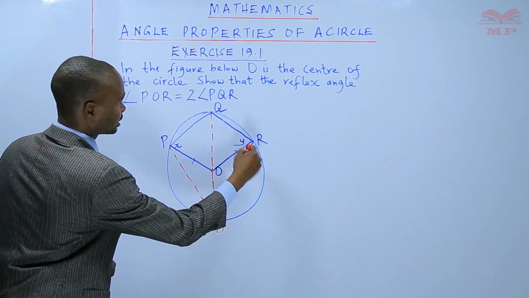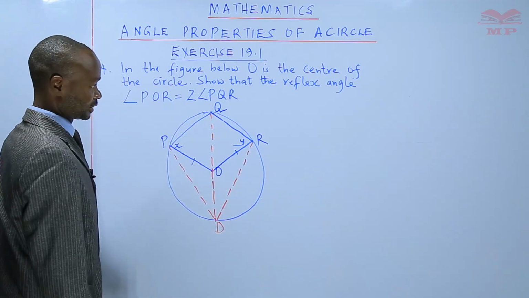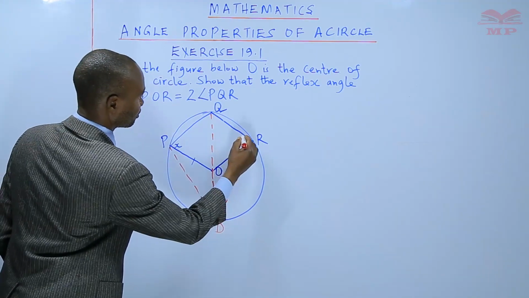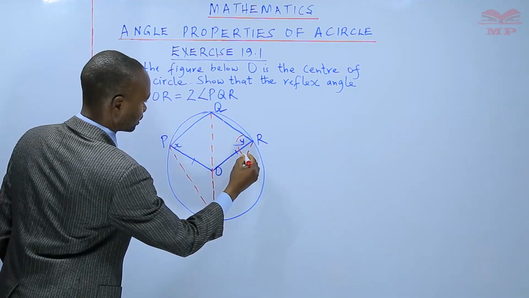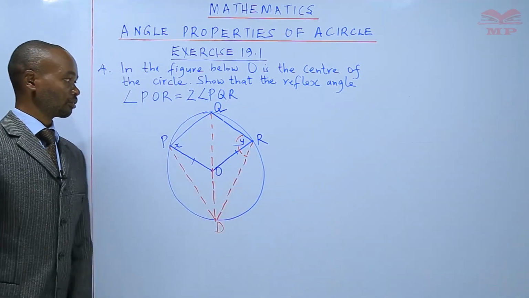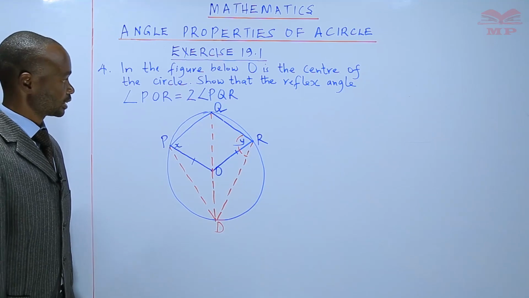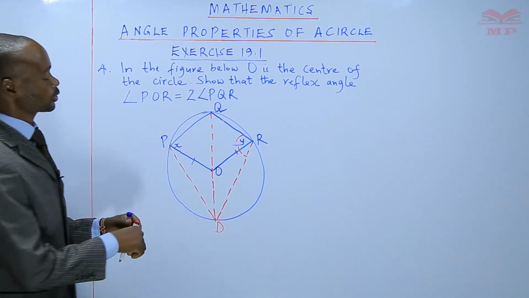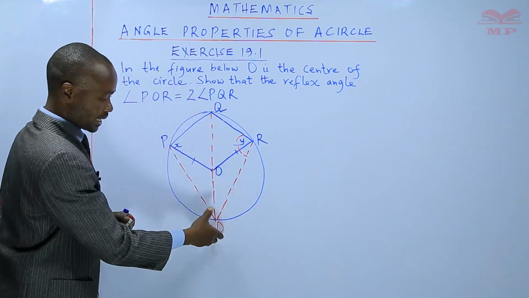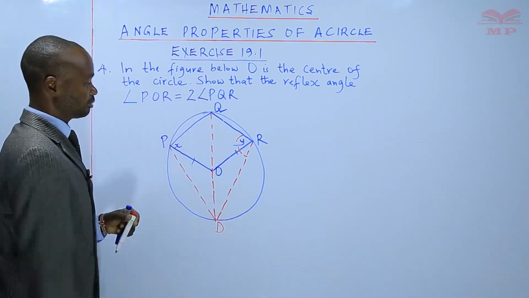So this angle, it is subtending, isn't it? There is an angle it subtends here. The whole of that angle, isn't it? Angle QRD is a right angle because it is subtended by a chord QD, which is the diameter.